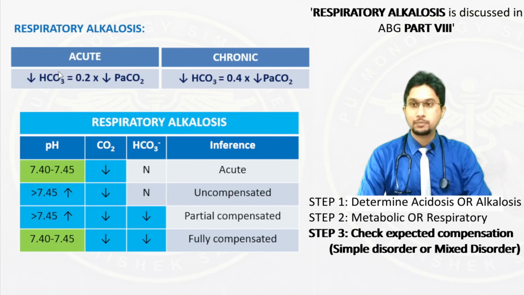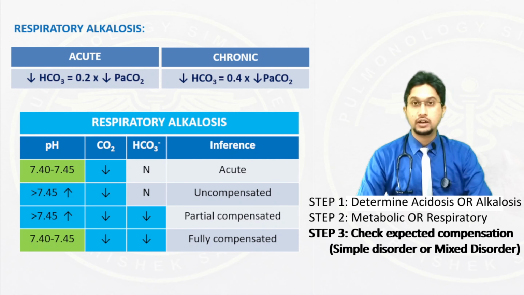If the predicted bicarbonate value is not matching the bicarbonate determined in your ABG, it means there exists an additional metabolic imbalance such as respiratory alkalosis with metabolic acidosis because bicarbonate is low. Patient can have multiple conditions resulting in a mixed abnormality. So it is very essential for you to apply the expected compensation formula for all ABGs when both the carbon dioxide and bicarbonate values are not within normal limits.